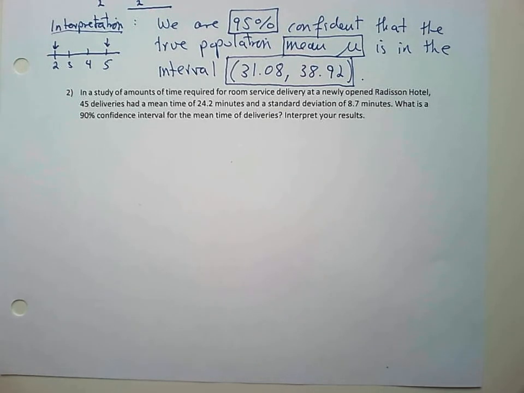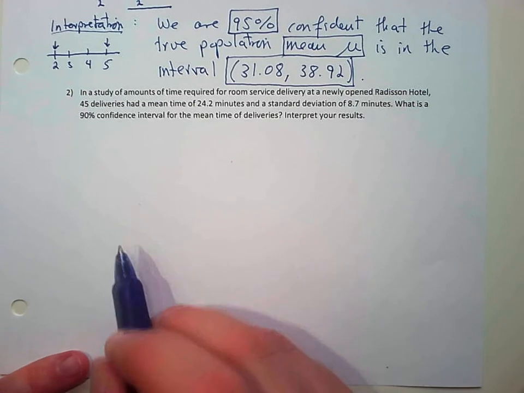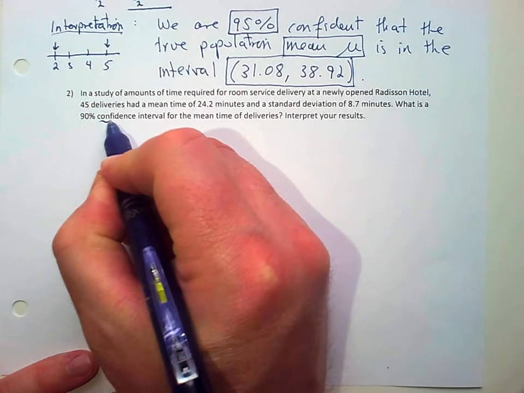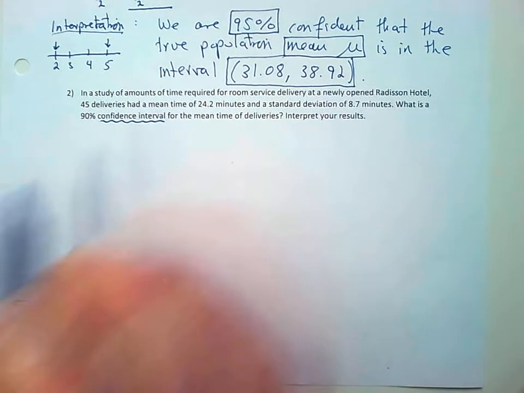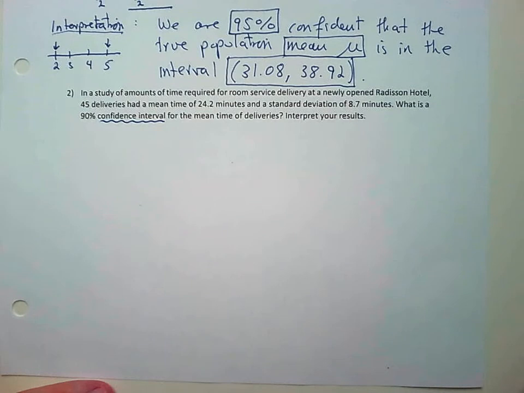All right, so first off, how do we know that this is a Chapter 7 question? The way that we know is that it asks us to create some kind of confidence interval. Knowing that it's asking us to create a confidence interval signifies to us that it could only be a Chapter 7 question.